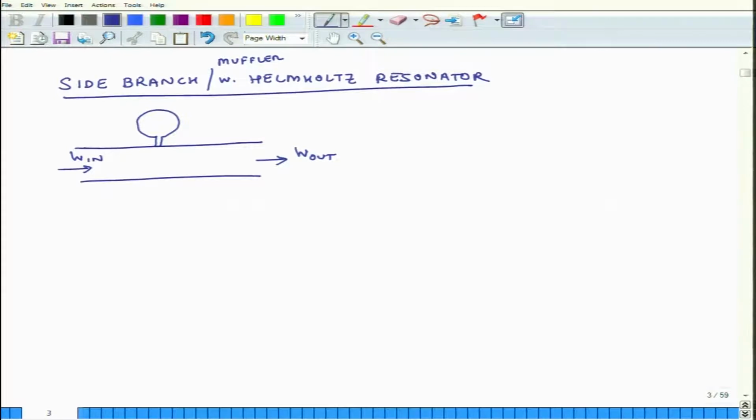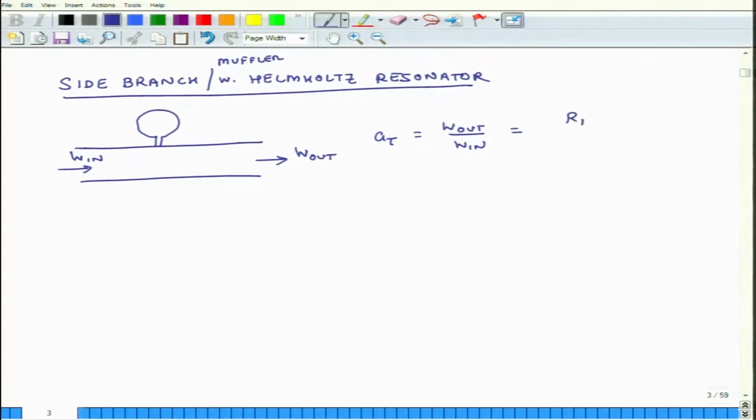Then the sound power transmission coefficient AT. So, what does AT mean? It is the ratio of W out by W in. Okay. And we had defined these terms earlier in the last class.